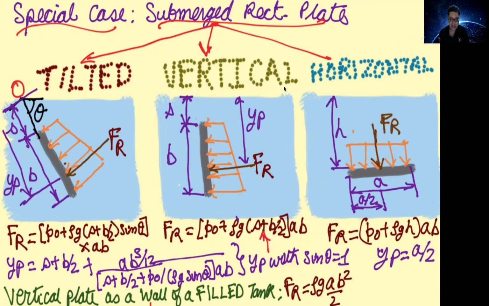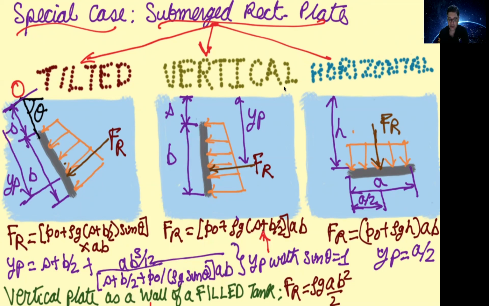Now the point of application also, similarly, this S will be taken as 0, sine theta is equal to 1 since it's a vertical plate, and this P naught term is not considered due to the reason I had mentioned earlier. So it becomes a b cube by 12 divided by S is 0, b by 2, this is not considered, b by 2 into a b.